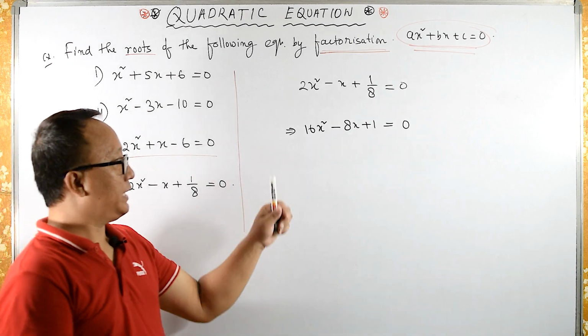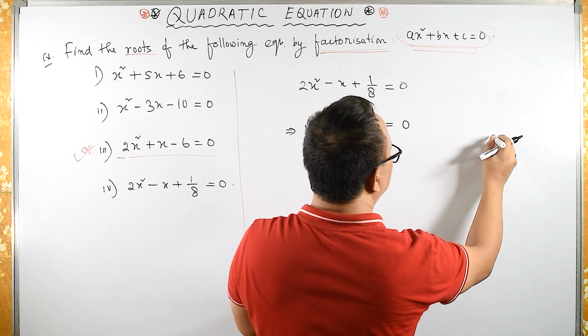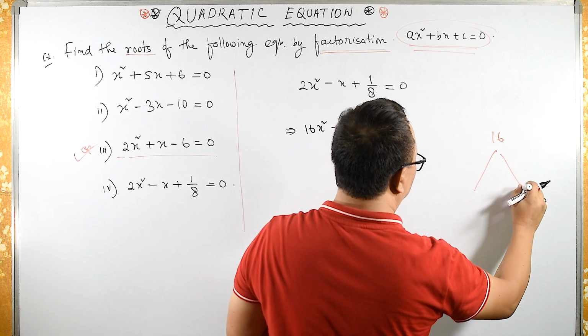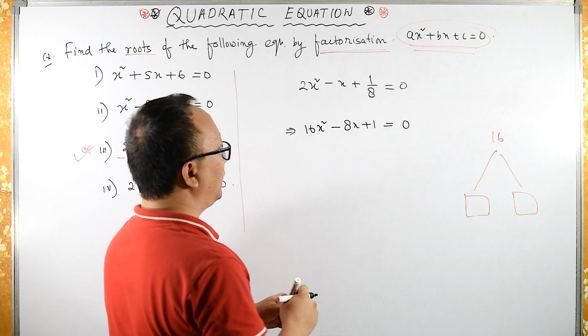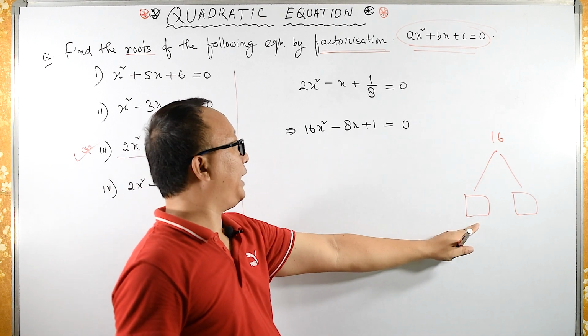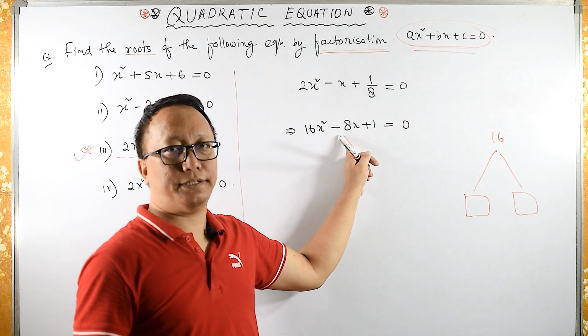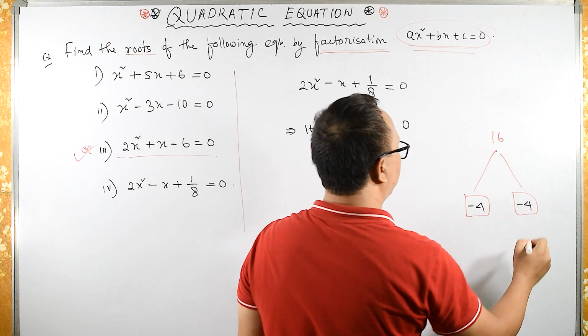In the same way, you multiply 16 into 1, we have 16. You have to break it into two numbers such that if you multiply, you should get 16, and if you add, you should get minus 8. How about minus 4 and minus 4?